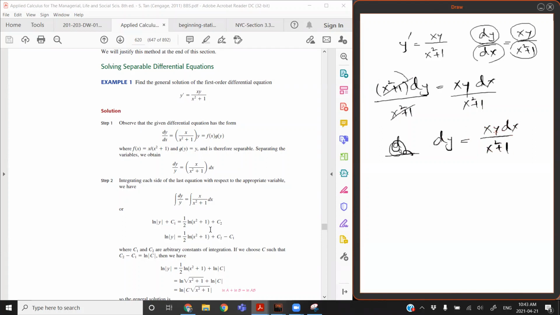And now I want to get rid of this y here, so I have to multiply both sides by 1 over y. Then this cancels this. I get x dx over x squared plus 1 is 1 over y dy. I separated the x's from y's. Make sense? Yes, thank you.